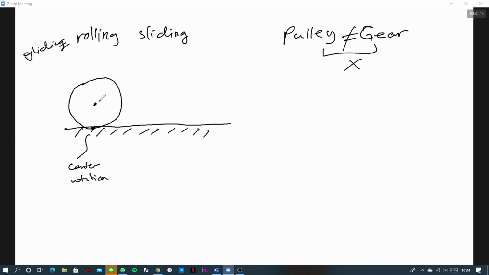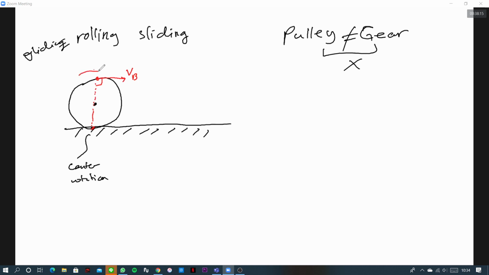Because the center of rotation is now moved to the contact point here, if I want to find the tangential velocity or acceleration at this point, let's say VB, the way I find it is I draw a straight line to my center of rotation, perpendicular to my velocity.